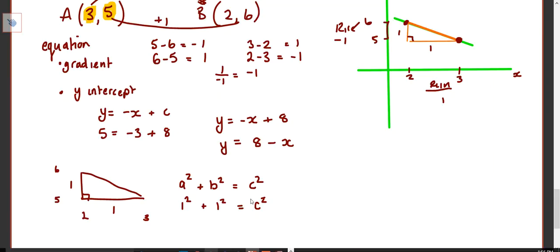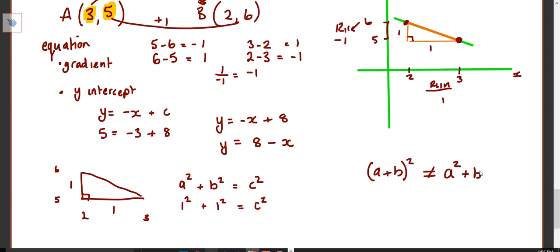2 squared is 4, 3 squared is 9. No, it's not that, is it? It's 3, 4, 5. Sorry. 3 squared is 9, 4 squared is 16, 5 squared is 25. They add up. What about 3 plus 4? Does it make 5? No, doesn't work. Just in the same way that (a plus b) squared is not a squared plus b squared, which I saw someone do in their assignment as well.